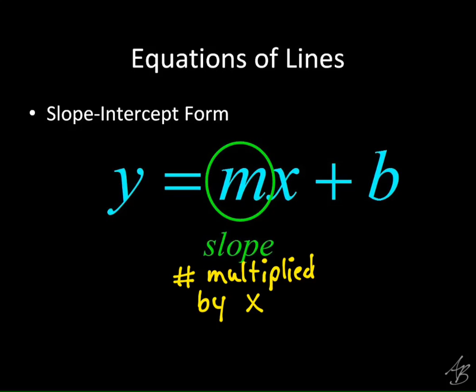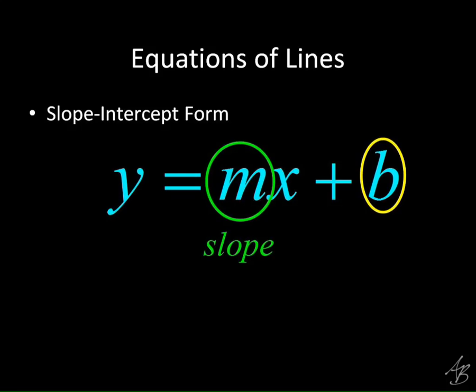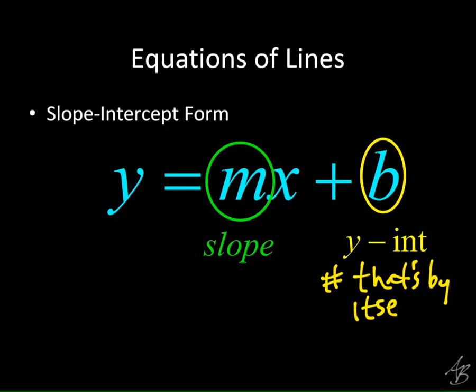All right. Then the b, what is b going to be? If m is the slope, then b is the y-intercept. All right, so this number right here is the y-intercept, and that's going to be the number that's by itself. And when I say by itself, I mean not with the x.